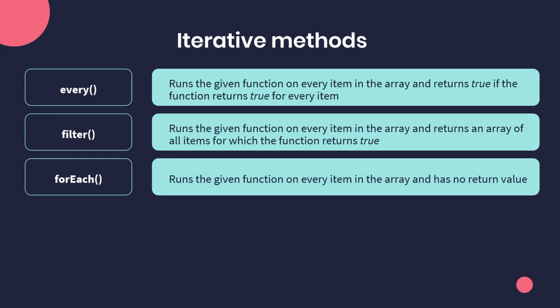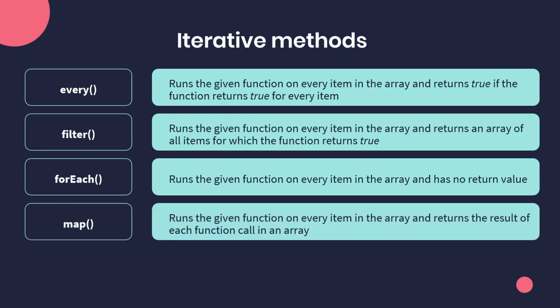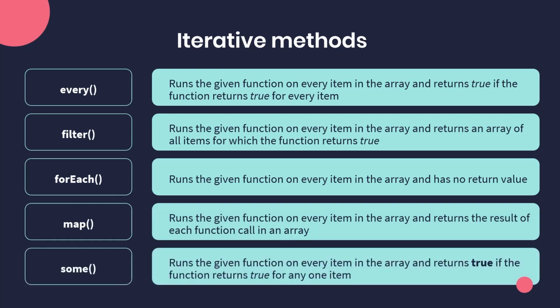This method has no return value. Map runs the given function on every item in the array and returns the result of each function call in an array. Some runs the given function on every item in the array and returns true if the function returns true for any one item. These methods do not change the values contained in the array.